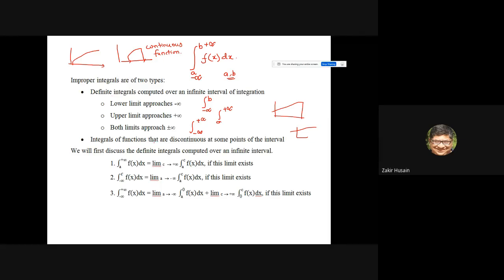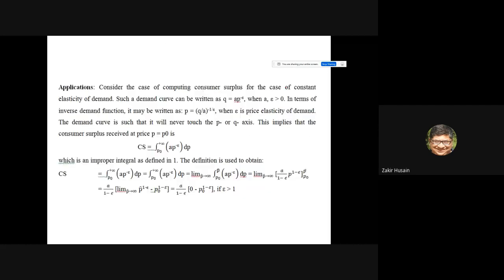The other type of improper integrals are where the functions are discontinuous at some points in the interval. So instead of a smooth function like this, we have, let us say, like this, or like this. I'll just show this.